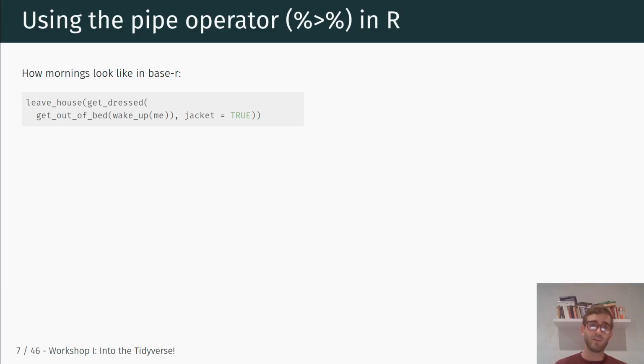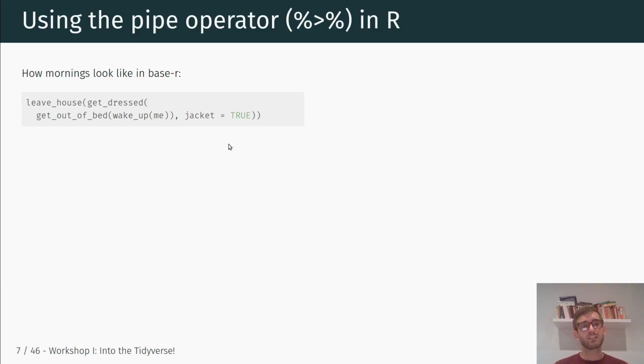We start with me, the object here, and then the first function, maybe I can show this here. The first function that is applied is waking up. Then the next function is getting out of bed, and so on until leaving the house, right? So in order to understand what is going on with the first object, which is me in this case, we have to start at the center and work our way backwards.